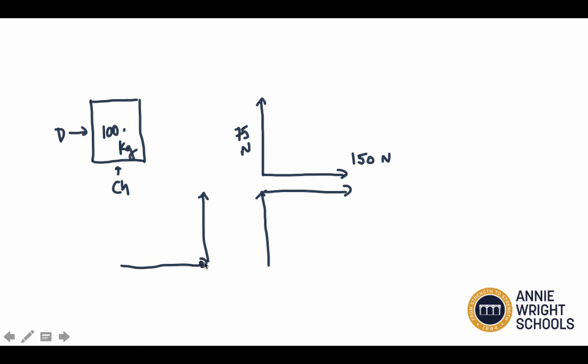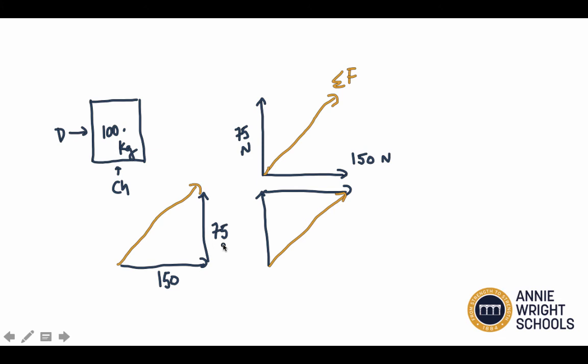Either way, what you will see is this diagonal vector here, which would be somewhere in here. Good, that's the net force. So we need to do a little right triangle trigonometry to figure out that net force. This right here was 150. This right here was 75.